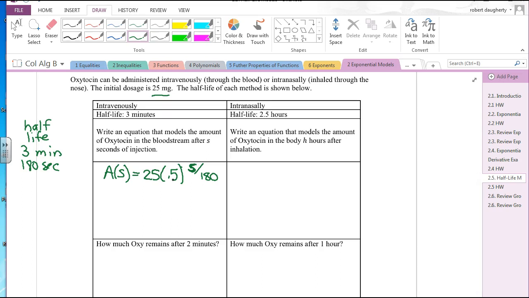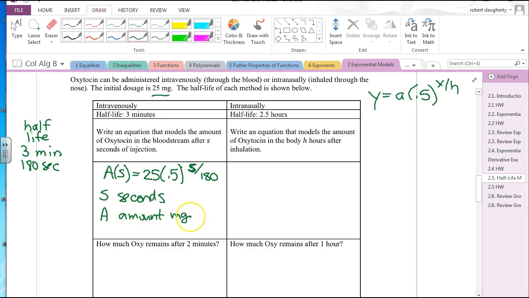Okay, so all you do in this formula, remember our formula was y equals a times 0.5 to the x over h. So h is the half-life. You just want to make sure that all your units line up. So in this case, S is in seconds and A is my amount in milligrams.